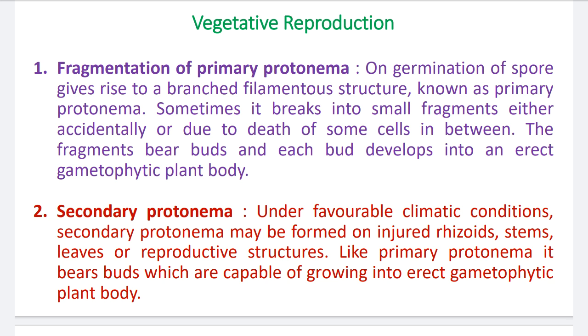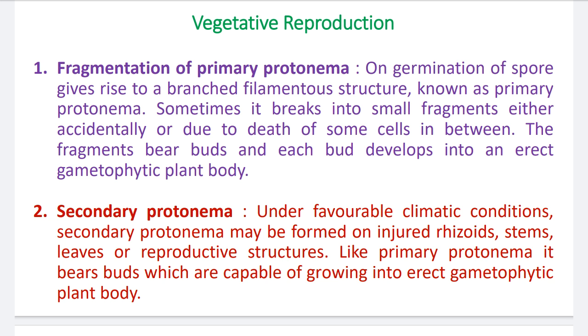So the first vegetative reproduction type is fragmentation of primary protonema. Germination of the spore gives rise to a branched filamentous structure known as primary protonema. Sometimes it breaks into small fragments, either accidentally or due to death of some cells in between them.